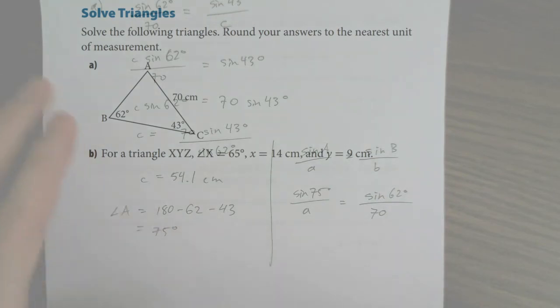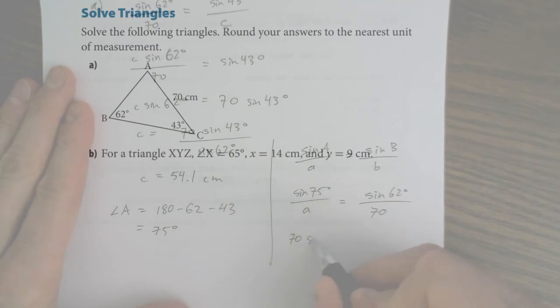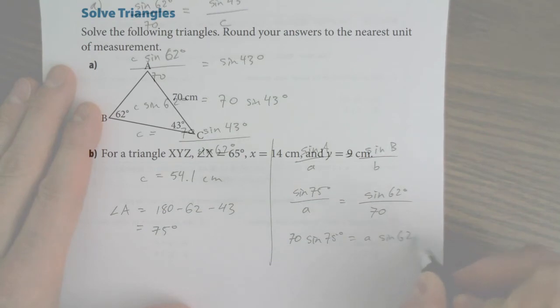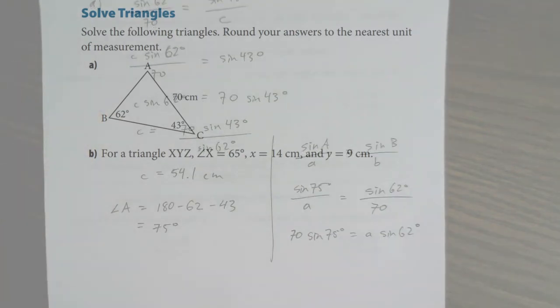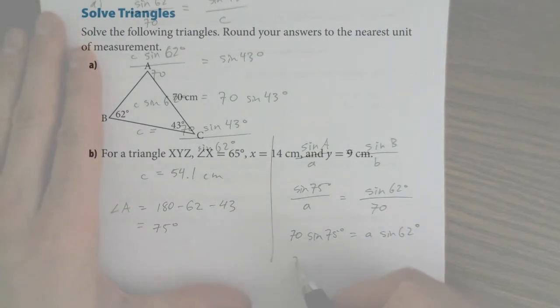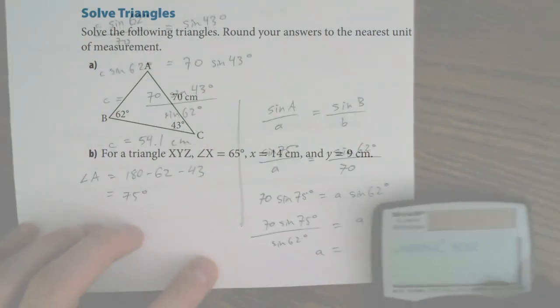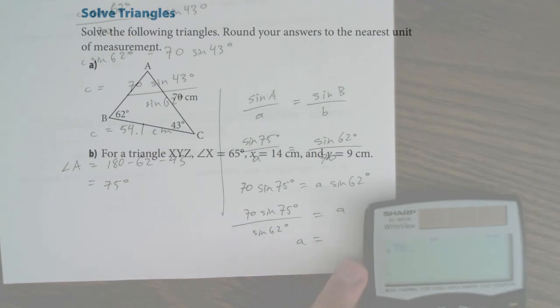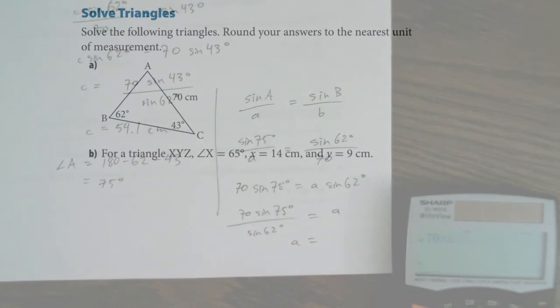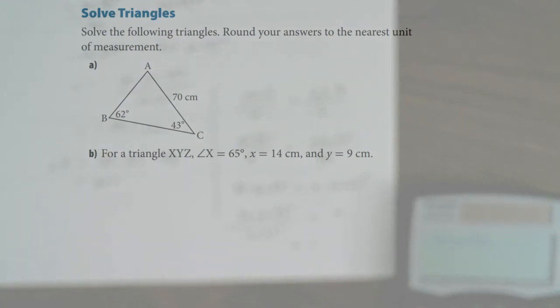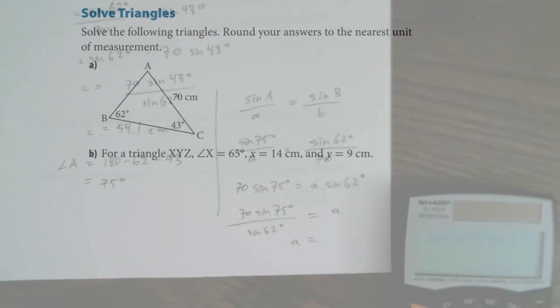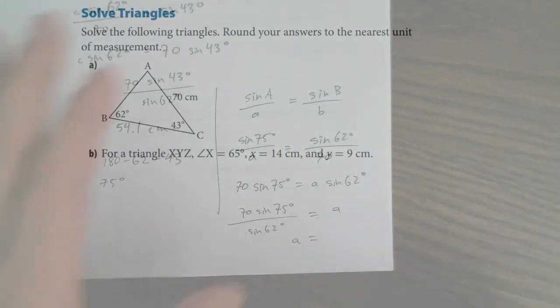I'm going to do both of those in one step. And now I'm going to divide both sides by sine 62. And for my A value, .6.